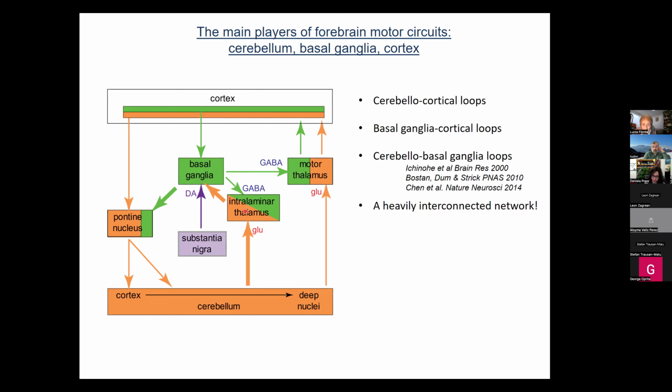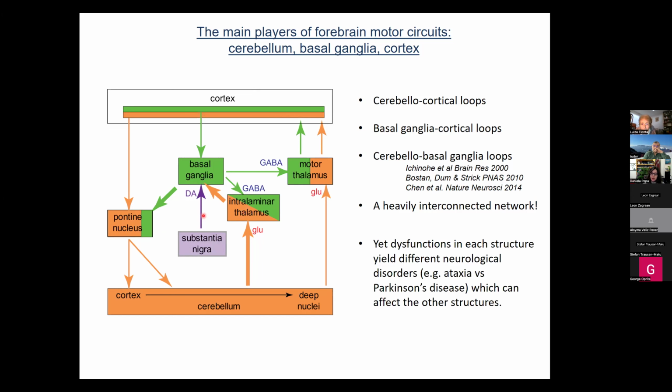So we see that we have this heavily interconnected network. And we also know that all these structures are used by the brain in order to complete motor actions efficiently. And each of them has the ability to learn in order to optimize the success of a movement. Yet, dysfunctions in each structure yield different neurological disorders.